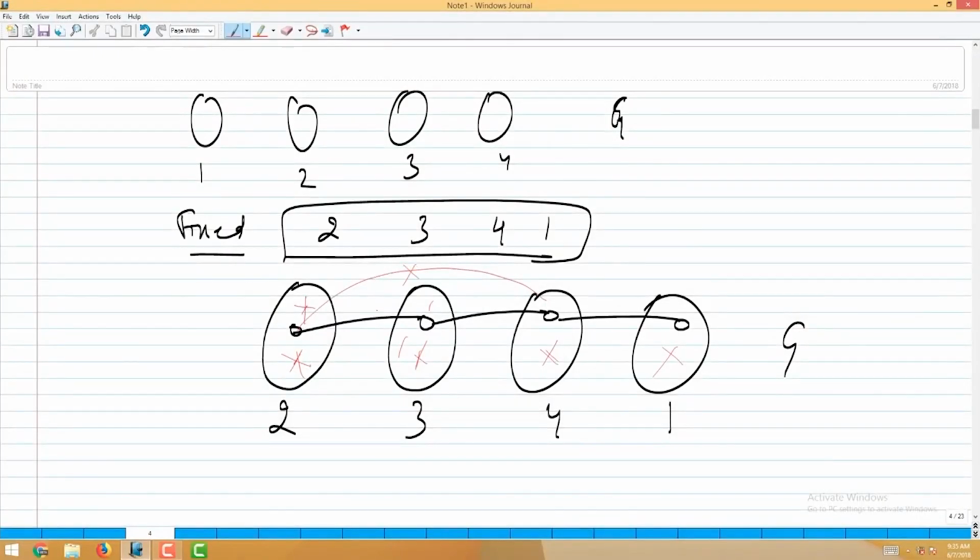We know that the kind of path that we are looking for will never use this edge, so we can just remove these edges also. In fact, we can remove all the across edges, as in edges that go between vertices colored with different colors, provided they are not adjacent in the ordering. I'll not remove edges between 2 and 3, or 3 and 4, or 4 and 1, because those edges will be used by the path that I'm looking for.